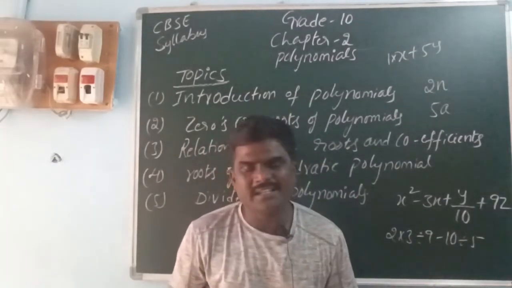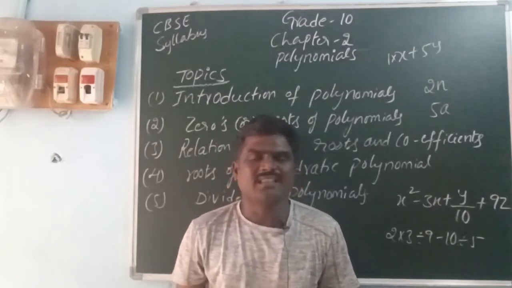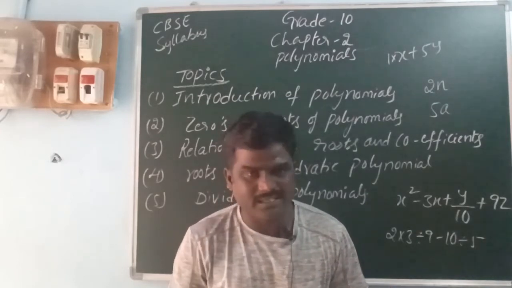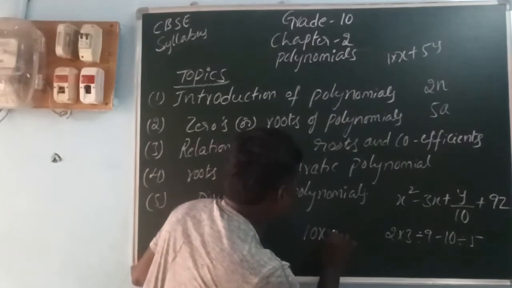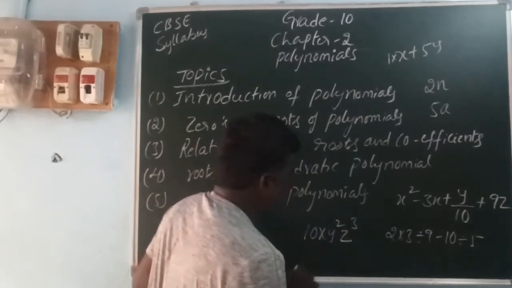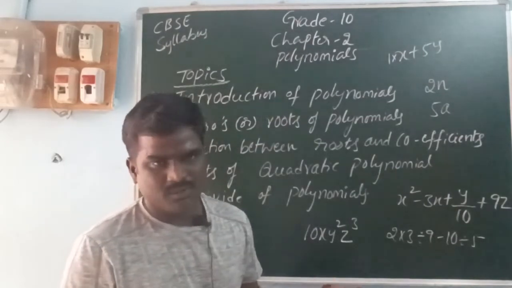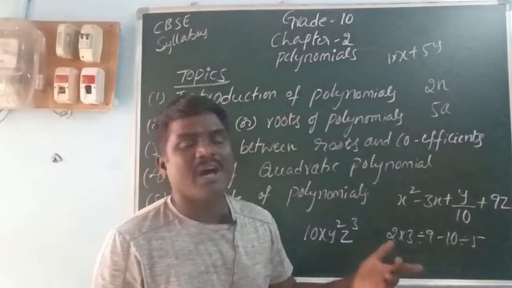Next, degree. Degree means the sum of powers of variables of a term. For example, we take 10 x y square z cube. Here it is a term. Term means variables or constants with binary operations, either multiply or divide.